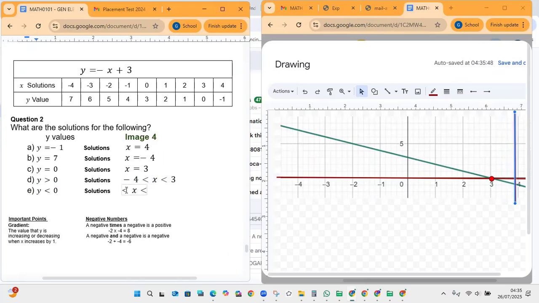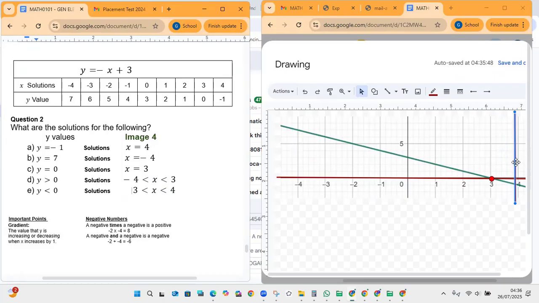So the x solutions for when y is below 0, when y is negative, that's a different way of saying it, is from 3 to 4. Okay, that is the x solutions for when y is below 0. And when y is above 0, it is from -4 to 3.